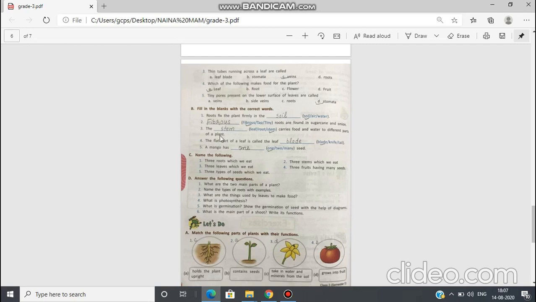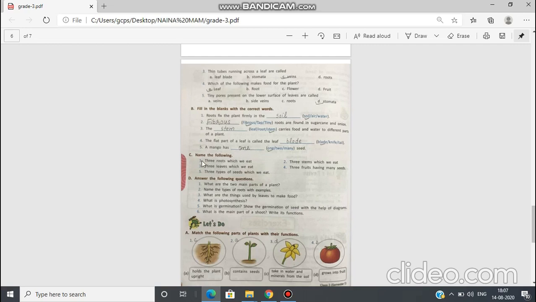Right. The flat part of a leaf is called the leaf dash, blade, knife or tail. Blade is right. A mango has dash, one, two or many seed. You eat mango, mango has only one seed. Correct.